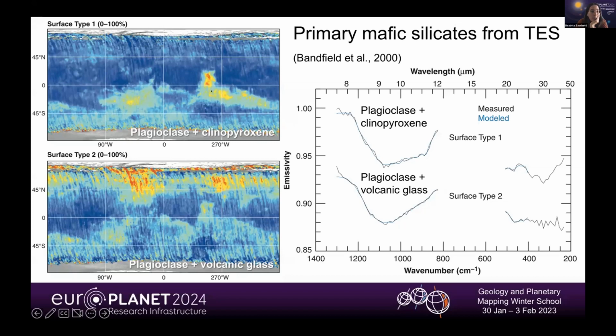They are found almost everywhere on the surface of Mars, and in particular plagioclase and clinopyroxene are found mainly in the highlands, while the northern plains of Mars are mainly composed of plagioclase and volcanic glass. On the right you have the thermal emission spectrum of these two kinds of surfaces.